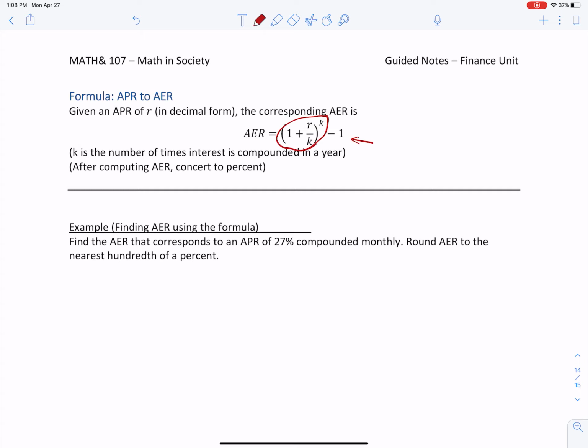And then if you're dividing by $1, well, dividing by 1 is the same as the original amount, so there's no need to do that. So this is our formula. Notice the exponent is k, and that's because if we're talking about 1 year, the k that you use to divide up the interest rate is the same number of times per year. So neat little formula, very useful.